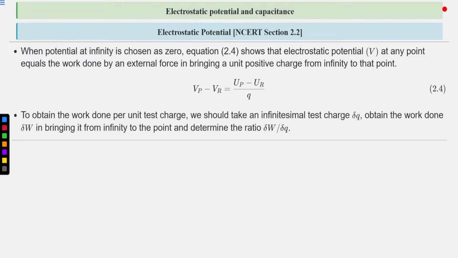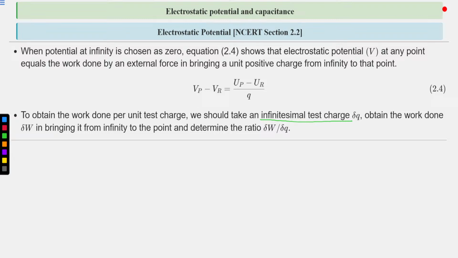Okay, to obtain one more way to find the work done per unit charge, we should take an infinitesimal charge delta Q, a very small test charge. Obtain the work done delta W like this and then divide it by that charge.